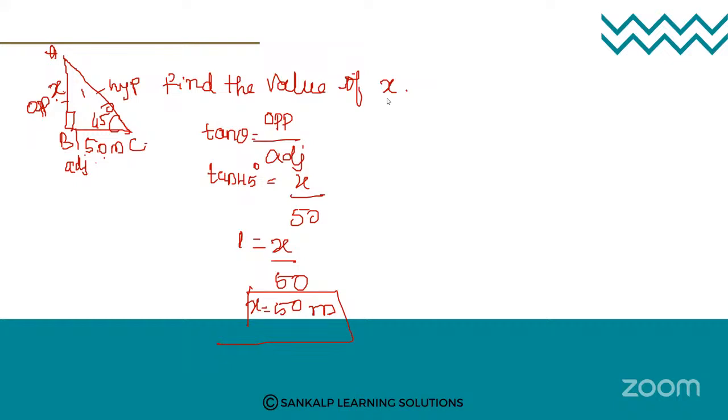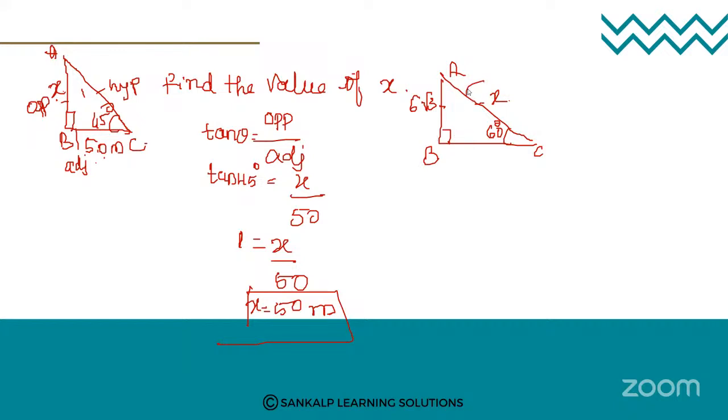So next, if they give like this, see this is a right angle triangle, this is A, this is B and this is C. And here is 6 root 3 and the AC value is X. That means you need to find the value of AC, and here it makes an angle of 90 degree.